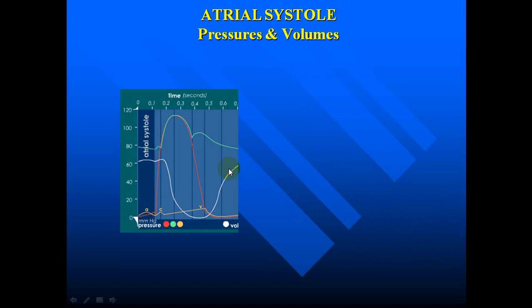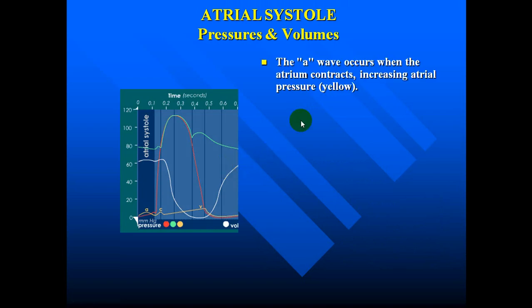Look at the pressure and volume. The A wave, as we said, occurs when the atrium contracts. We see it in the venous pulsation in the internal jugular vein. This is the yellow color, the A wave, due to the atrial contractions.